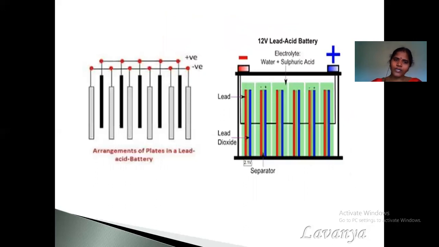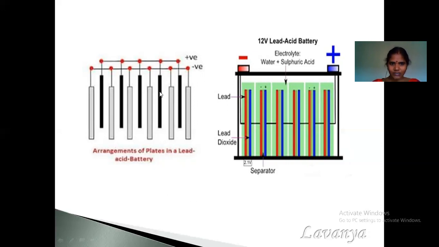The anode and cathode are arranged alternatively like this. If this is lead, then these are alternatively arranged with the lead oxide. And this is lead. So suppose this is lead oxide, lead oxide, lead oxide.